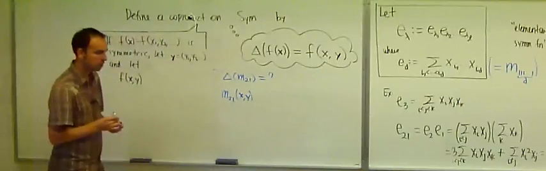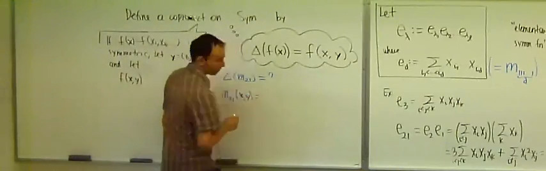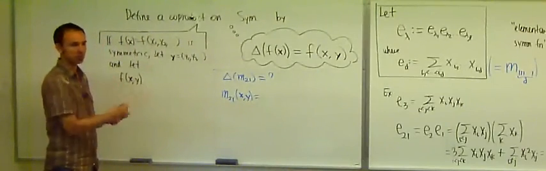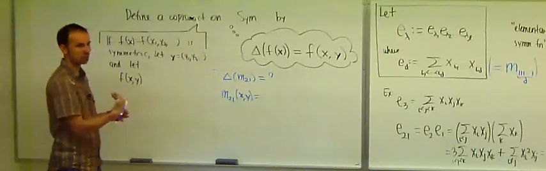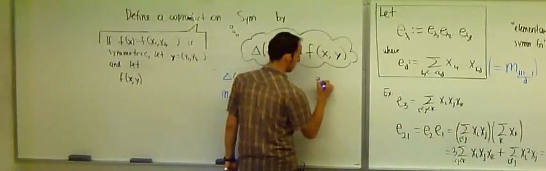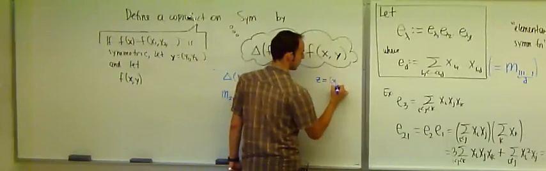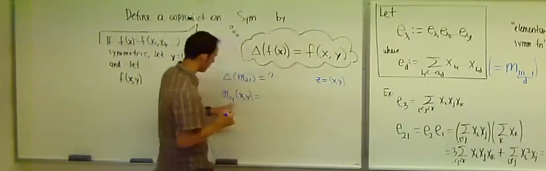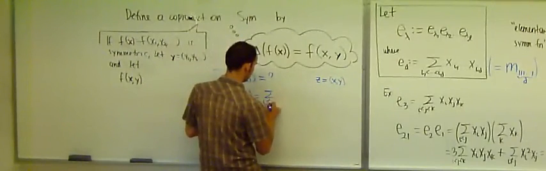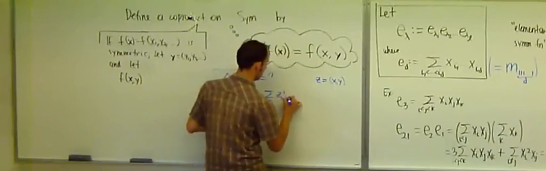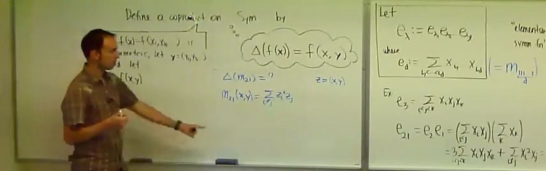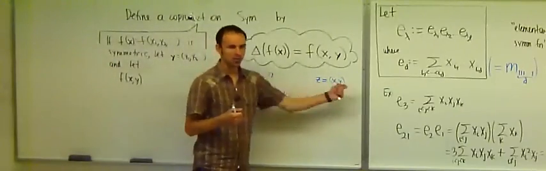Okay? So what happens when I do this? I'm going to do the monomial symmetric function, but I have two kinds of variables now. Ones are called x's, the other ones are called y's. Okay? And so let me think of z as being the x variables, comma, the y variables. So m21 of z is just by definition the sum over i different from j of zi squared zj. Okay? Where I'm letting the z's vary over all the x's and y's.